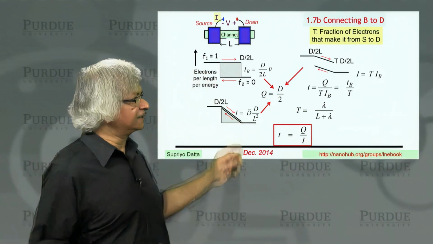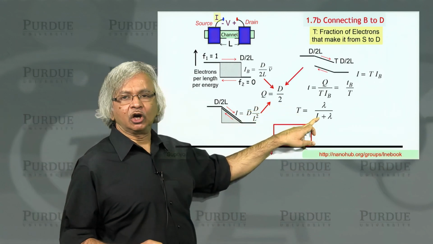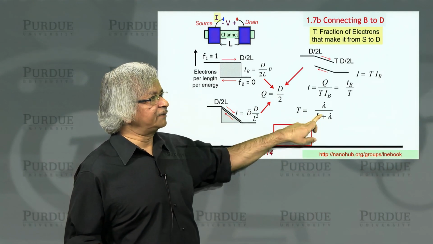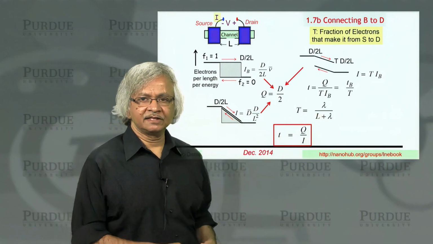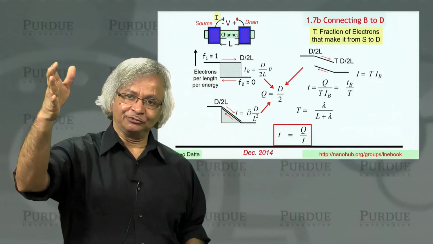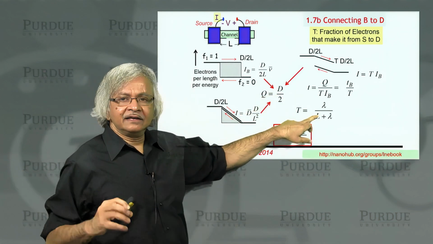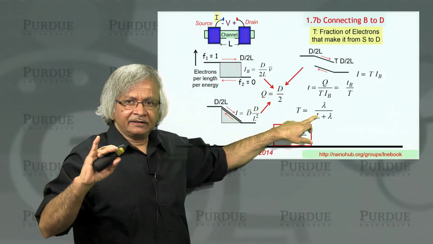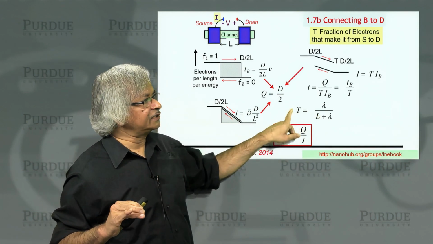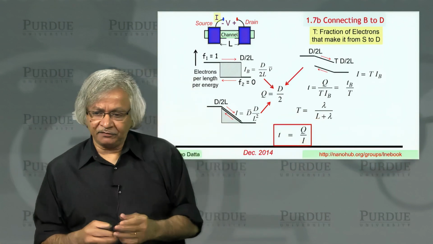When the length is really short compared to a mean free path, I can drop the length, so that T is 1, which means 100% of all the cars, all the electrons, get through for a short channel. When the length is approximately 1 mean free path, if I put L equal to lambda, I get a T of half. So you could say that's the way I'll define my mean free path.